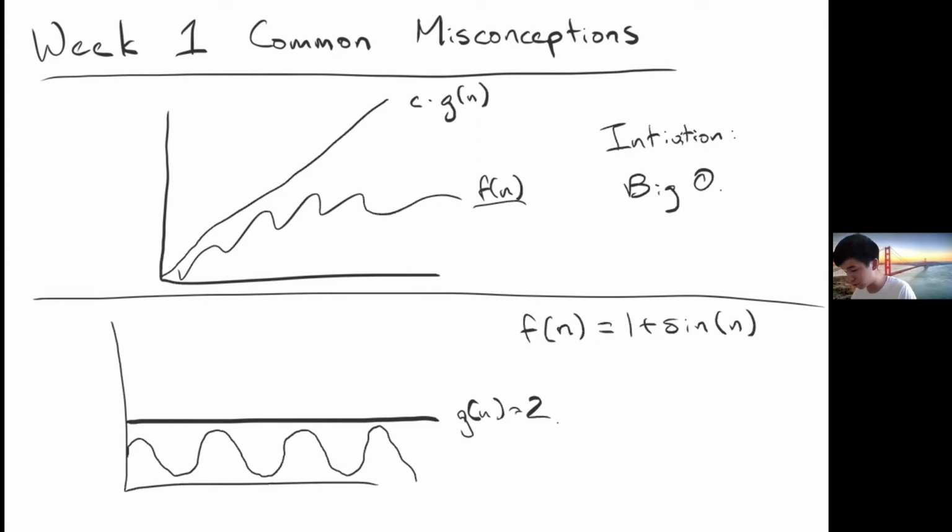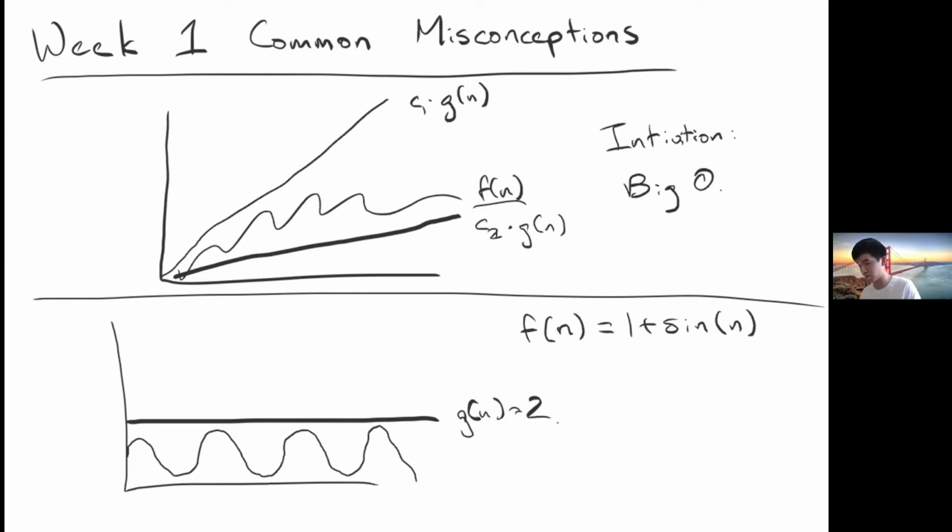Let's call this c2 and this c1. So this is c2 times g of n, and this is f of n. You can see f of n might not be approximately equal to any particular constant multiple of g of n, but it's bounded by these two.